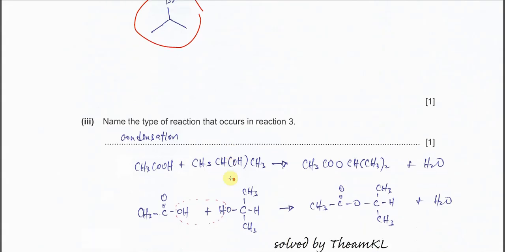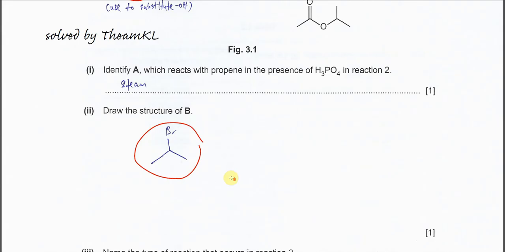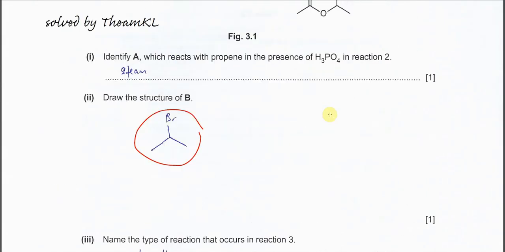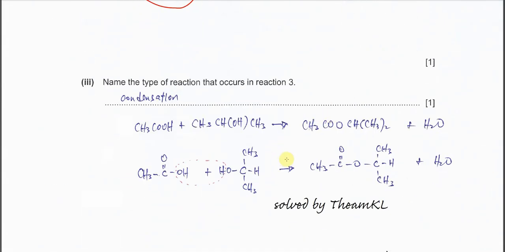Part 3. Name the type of reaction that occurs in reaction 3. Reaction 3 again is this condensation, or esterification. So to let you understand better, please refer to this equation. This is the carboxylic acid, and this is the alcohol that is used.